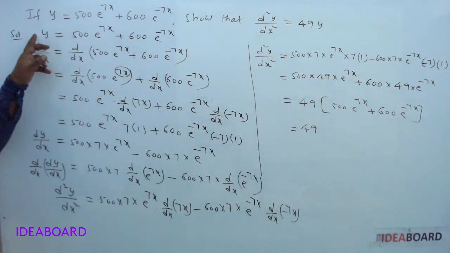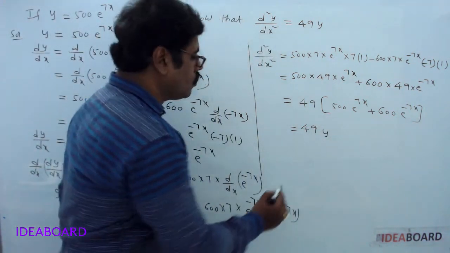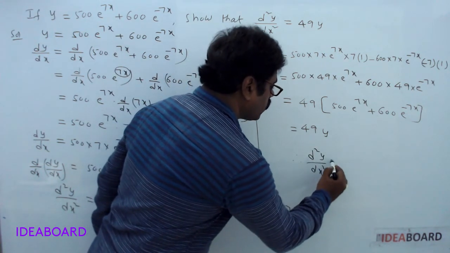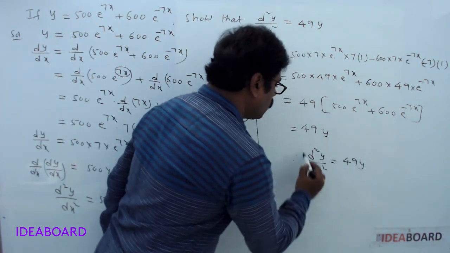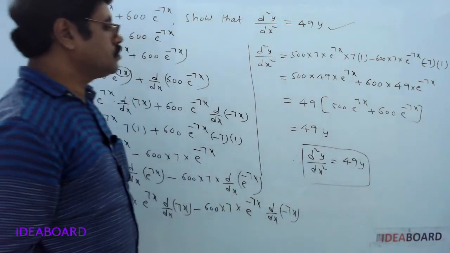That is nothing but your given function y. So this is 49 into y. Therefore our required equation is d²y/dx² = 49y. That is our answer.